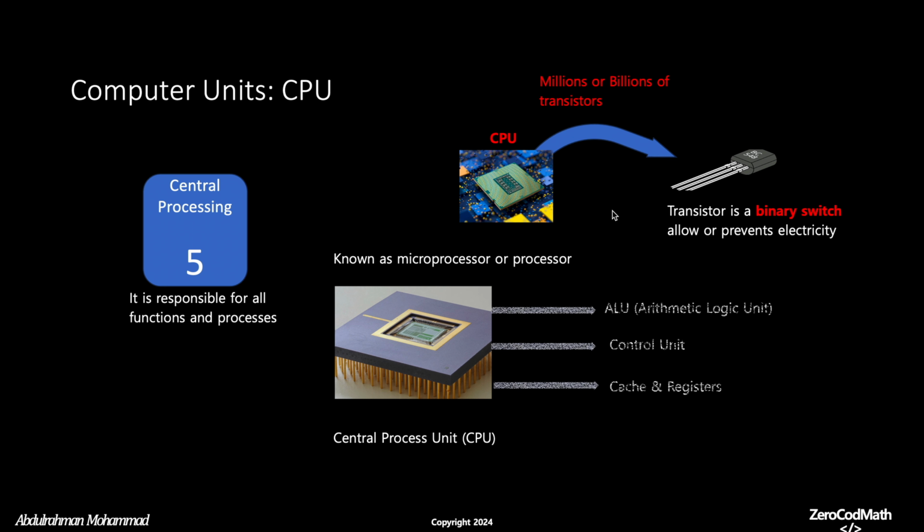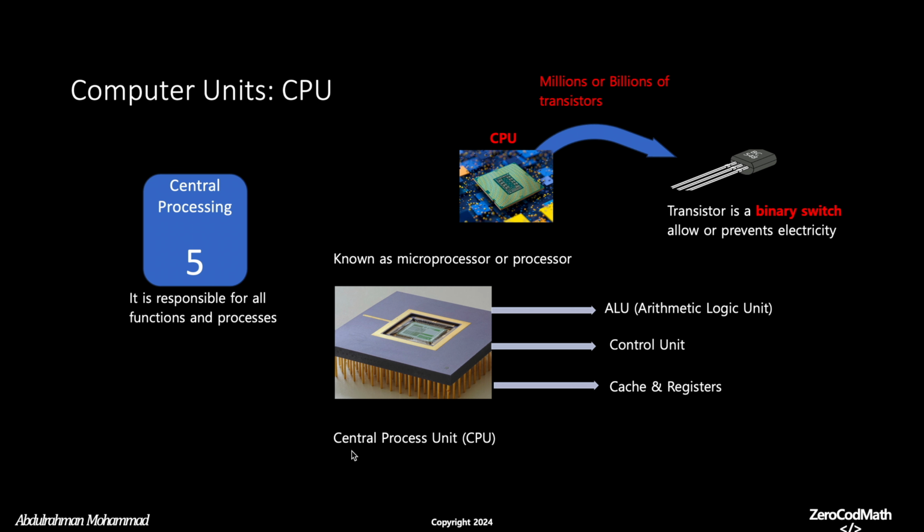And a CPU is divided into three sections: ALU, arithmetic logic unit, control unit, and cache and registers. Let's just repeat it one more time. So CPU, it is responsible for all functions and processes.